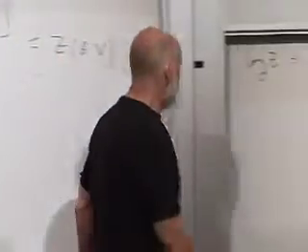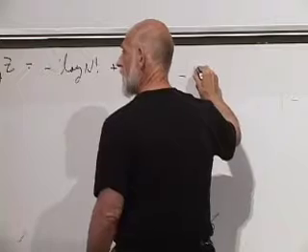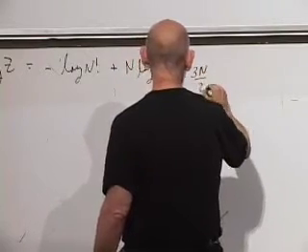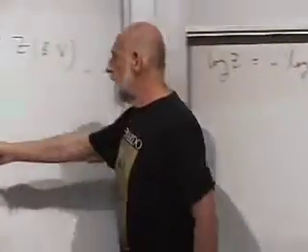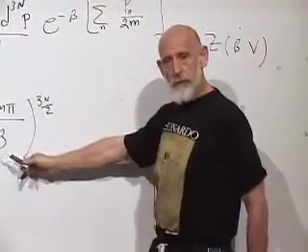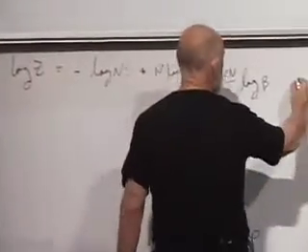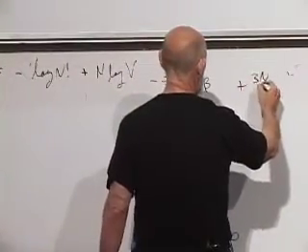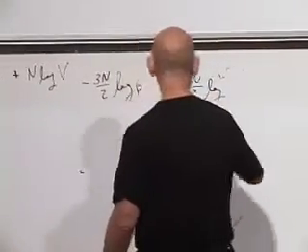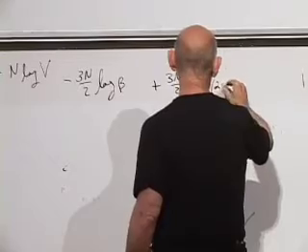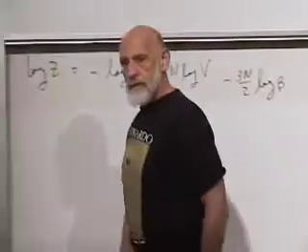And then there is minus 3n over 2 log beta. That comes from here. It's minus because the beta is in the denominator. And then there's plus 3n over 2 log of 2m pi.